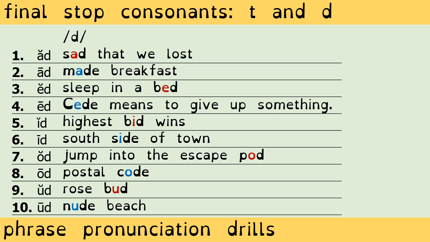Highest bid wins. 6. Ide. South side of town. 7. Odd. Jump into the escape pod. 8. Ode. Postal code. 9. Ud. Rose bud. 10. Ood. Nude beach.